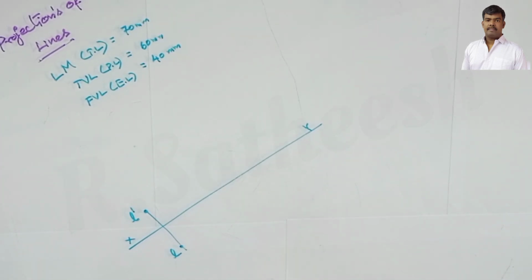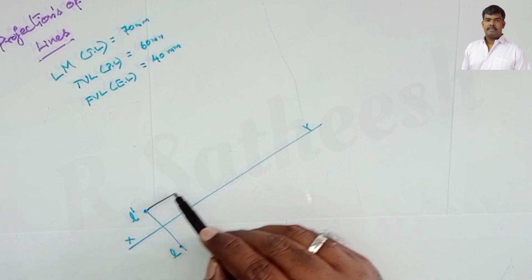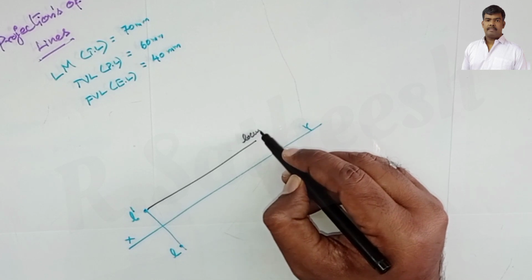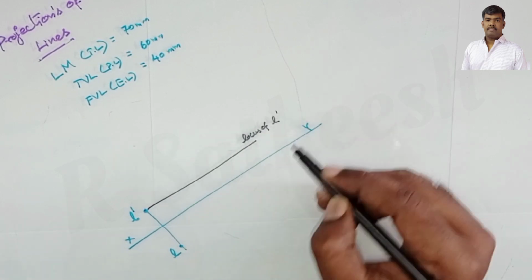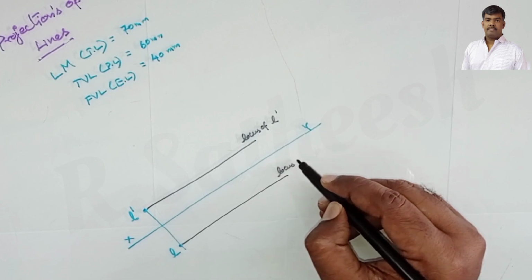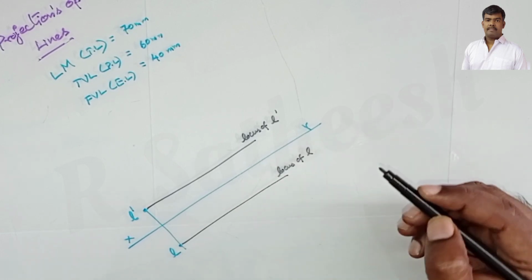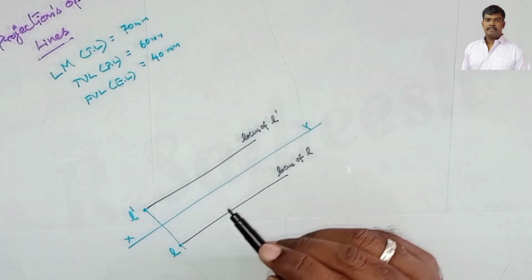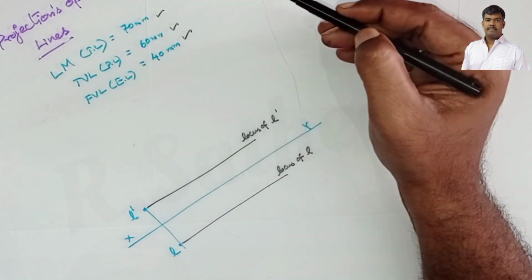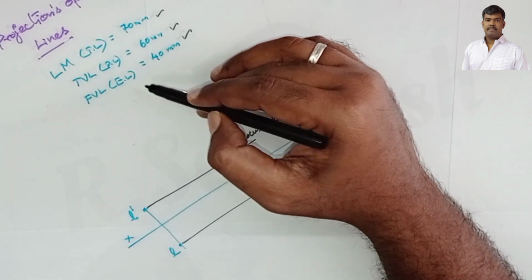After that you draw the locus parallel to XY from L dash, this is the locus of L dash. One more parallel line, the locus of L. Clear? In this problem three values are given: true length, plan length, and elevation length.